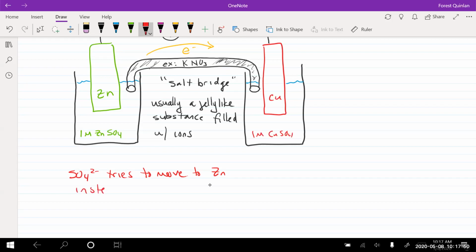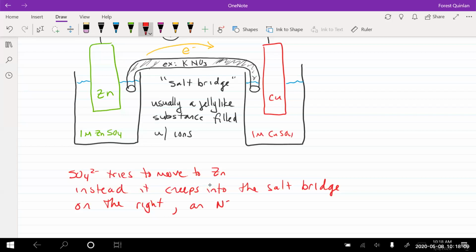Instead, it creeps into the salt bridge on the right. And NO3 pops out the left.